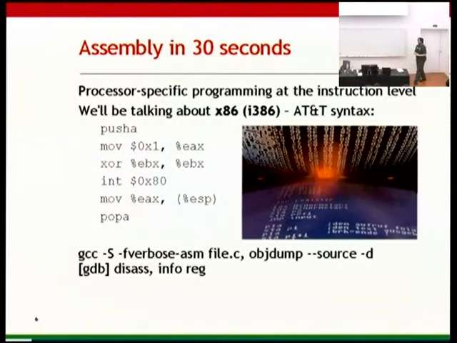And if you want to do something, you need to explicitly fetch some data from memory, do the transformation on the data, and then explicitly put the data back into the memory. You need to manage your registers and so on. But you can do anything that the processor allows.